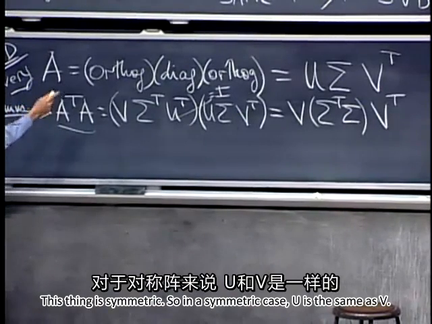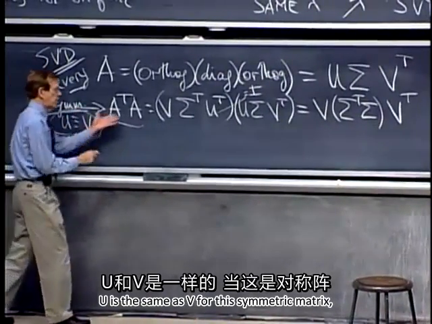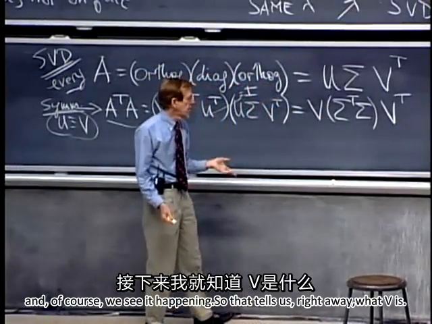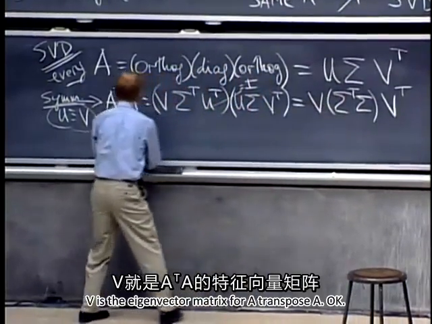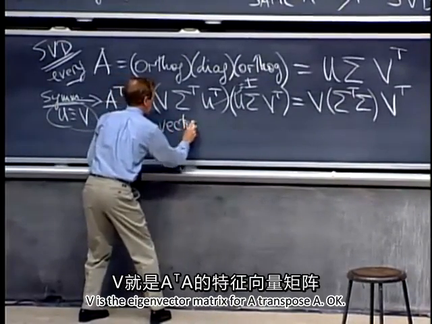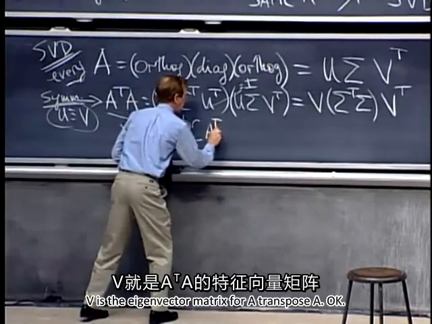So in a symmetric case, U is the same as V, and of course we see it happening. Okay, so that tells us right away what V is. V is the eigenvector matrix for A transpose A.